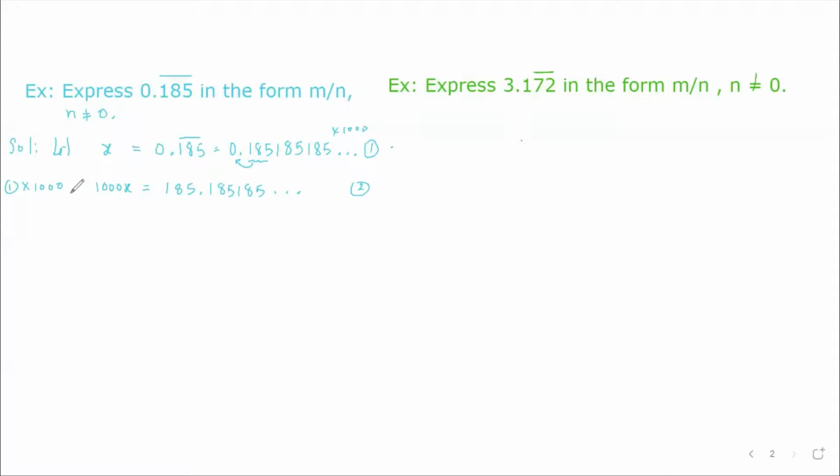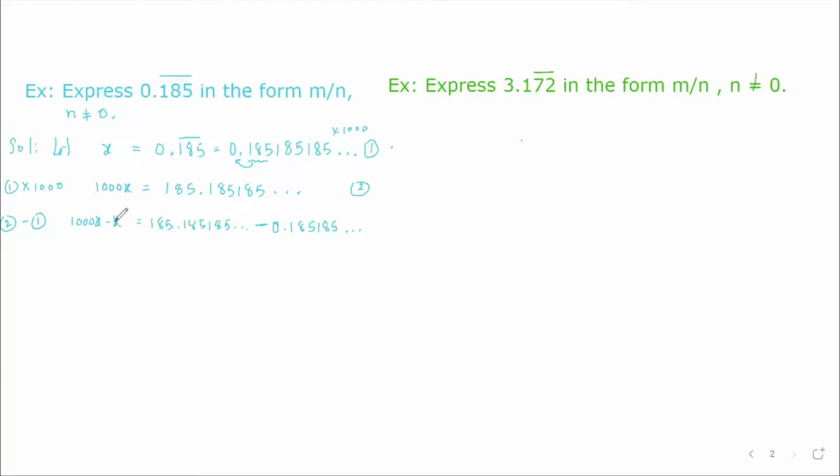This side is 1000x minus x, and this side is 185.185 dot dot dot minus 0.185 dot dot dot.